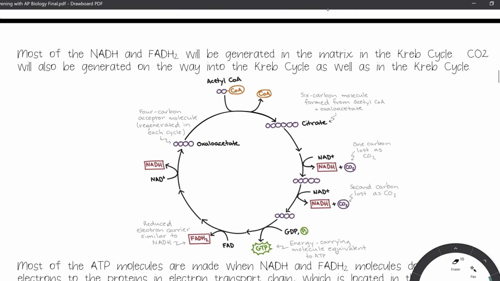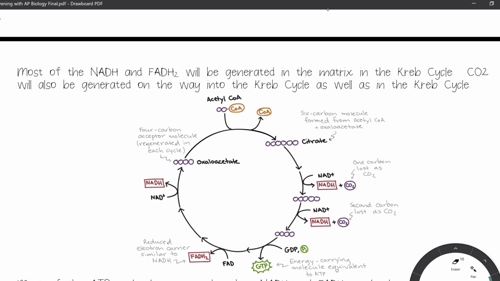So most of the NADH and FADH2 are going to be generated in the matrix in what is known as the Krebs cycle. CO2 will also be generated along the way, and that will be released. Now, there are many intermediates here, but don't get hung up in the intermediates, and don't even get hung up where the NADHs and where the CO2s are being made.